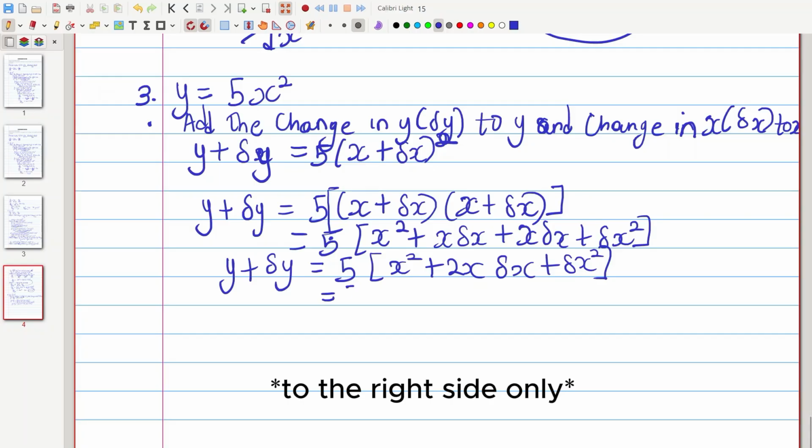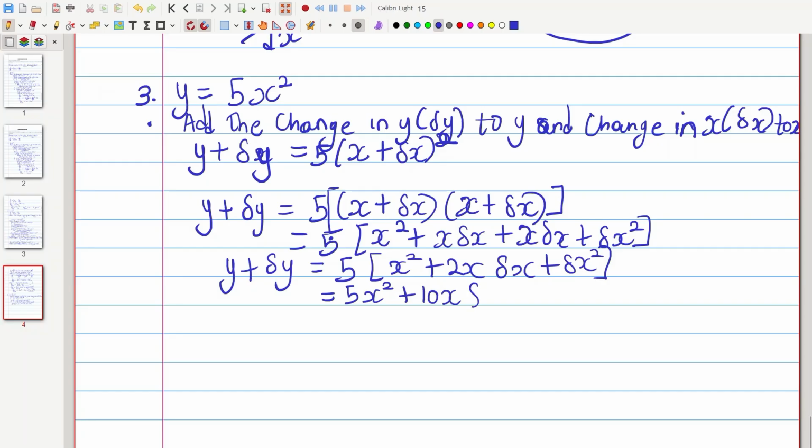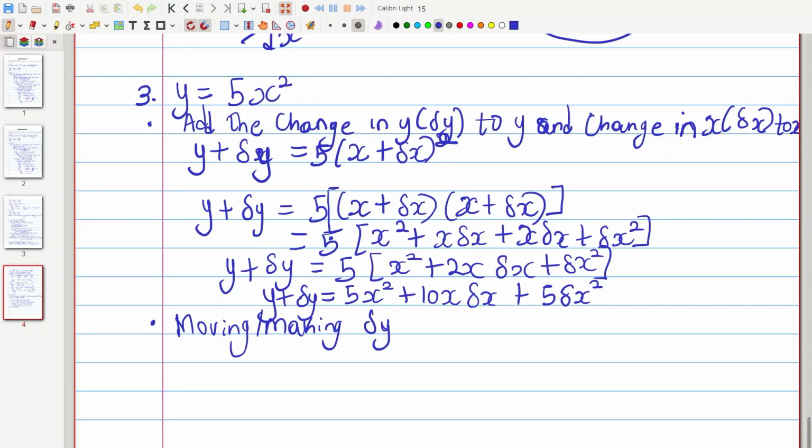So that'll be 5x squared plus 10x delta x plus 5 delta x squared. So the next step is moving, making delta y subject of formula.